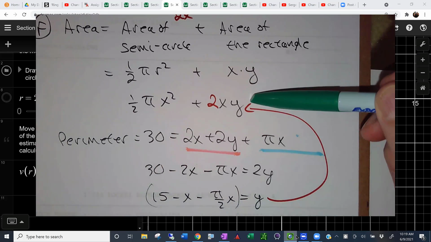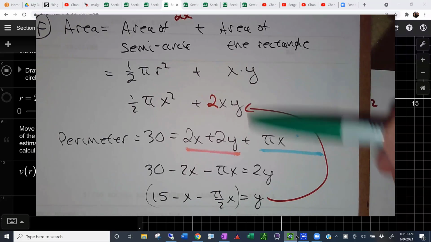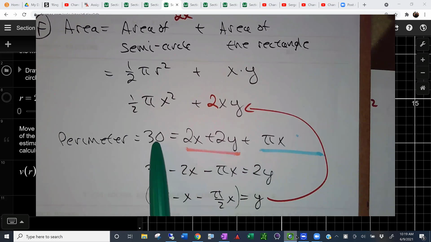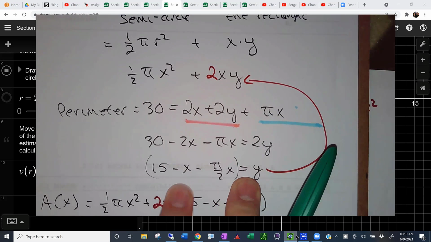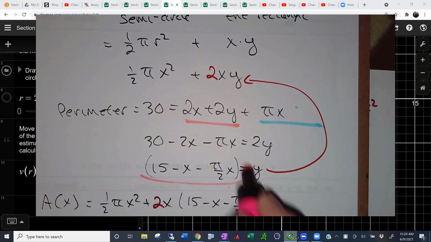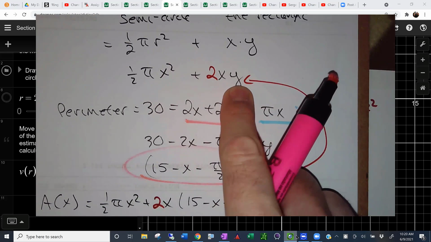To get rid of the fact that I've got two variables in my function, I can solve for y from here. I'll move those two terms to the other side, divide both sides by 2, and get something like this. That's the expression I can substitute in here to get something that just depends on one variable.